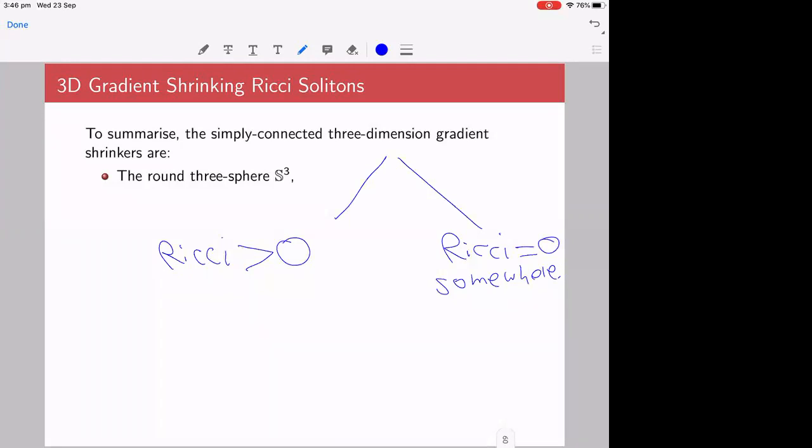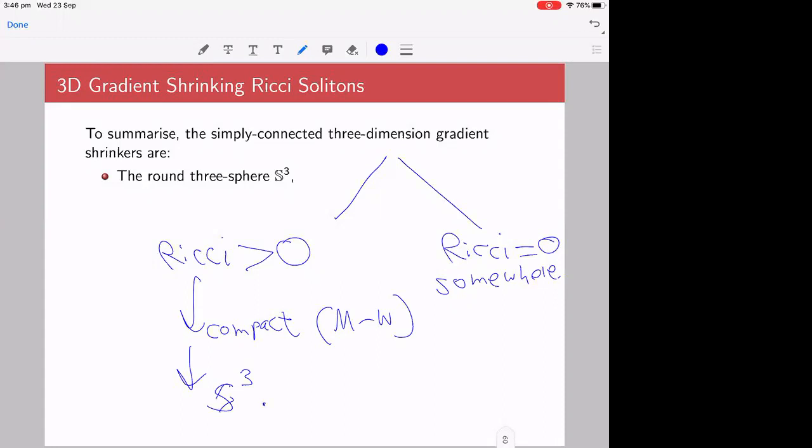If our Ricci curvature is positive everywhere, then we know that we have to be compact. That was the Munteanu-Wang result we just looked at. And then, of course, Hamilton's rounding theorem can be used to conclude that we have to be the three-sphere.